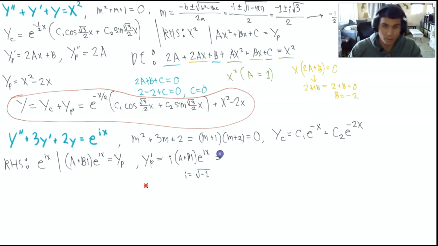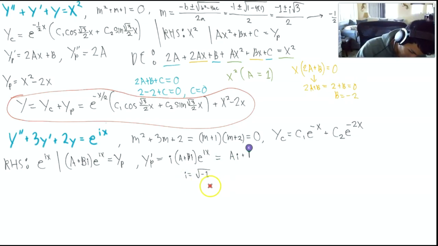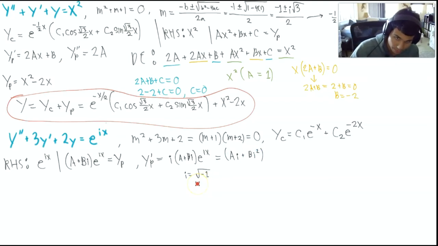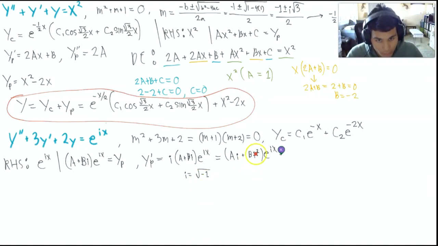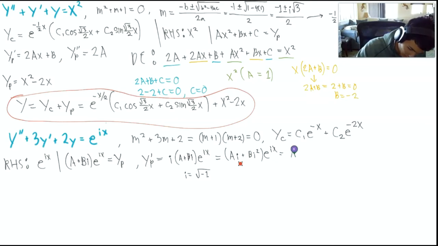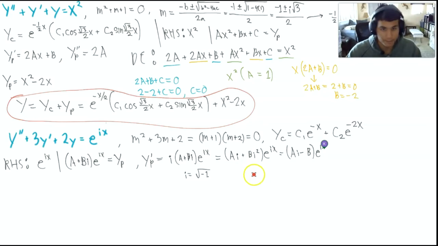So if we rewrite this real quick and indicate that there's a bi squared here, that's kind of an important thing to do, because now we could see that if there's an i squared, it would just be negative 1. So this would be ai minus b, e to the ix. Okay.